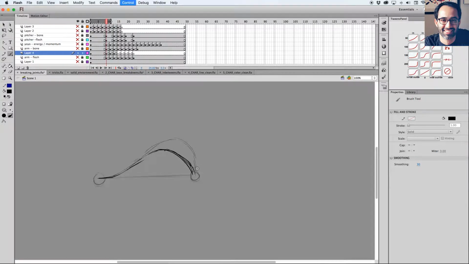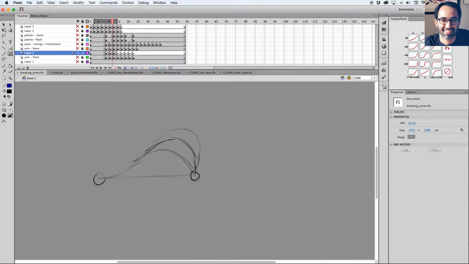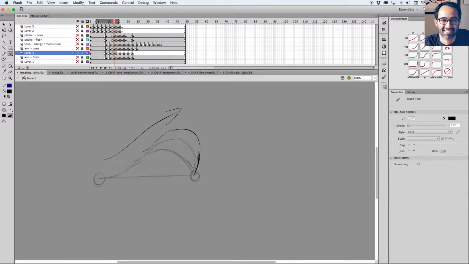So I talk a lot about energy, you guys noticed, and so at this point, if the shape's going this way, that means there's a lot of momentum being built here. So the energy and the inertia would still keep going here, right?